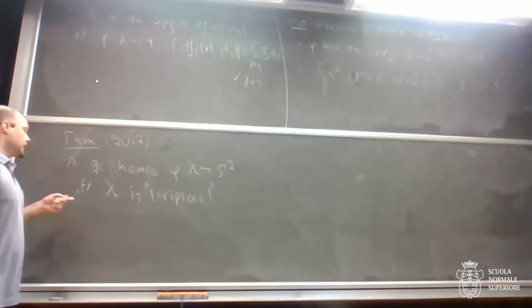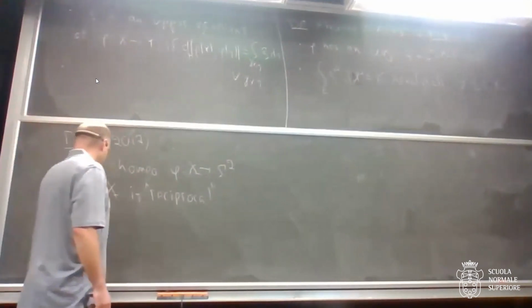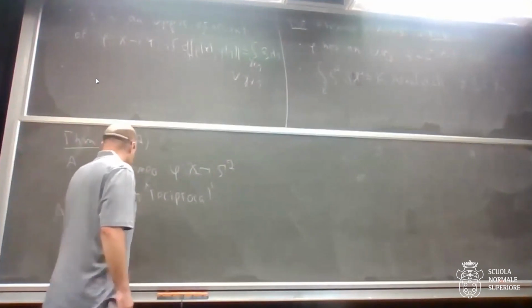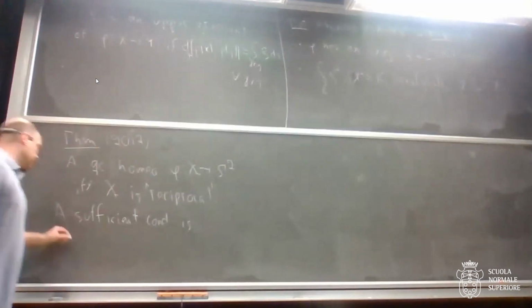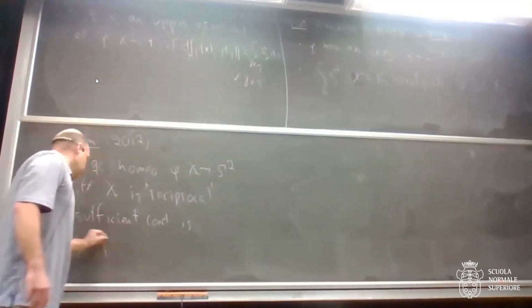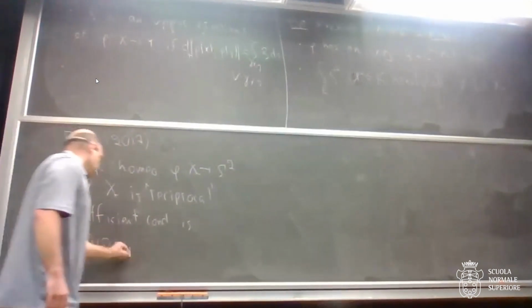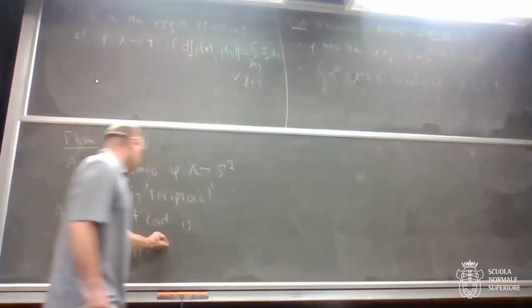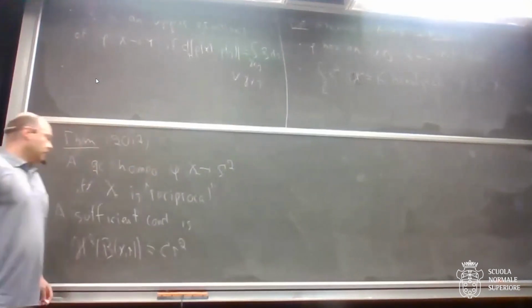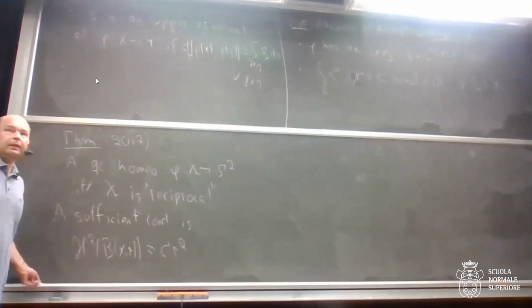Instead, let me say that a sufficient condition is the following: an upper bound on the mass, the area H^2. The area of any ball is at most a constant times the radius squared. So if you have this condition, then you have a quasi-conformal mapping.